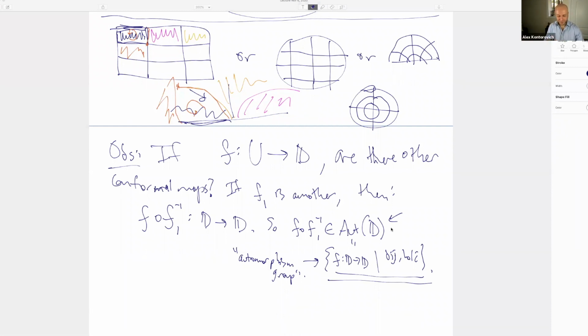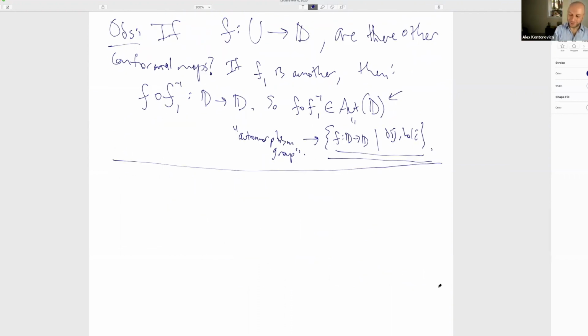And so our next task is to understand this automorphism group. If we understand it, then if I have two different functions, they differ by an automorphism, and here's exactly what they differ by. A key step in understanding the automorphism group is the so-called Schwarz lemma. This is the famous Schwarz lemma.